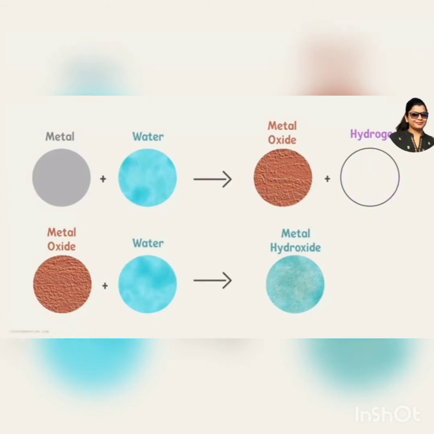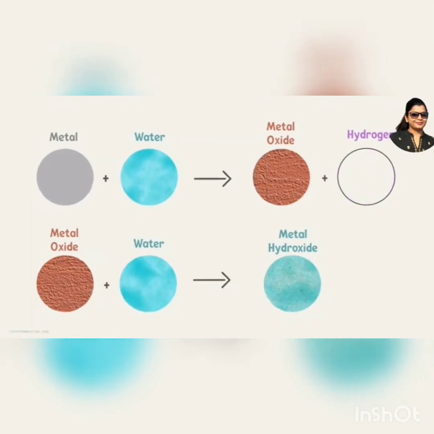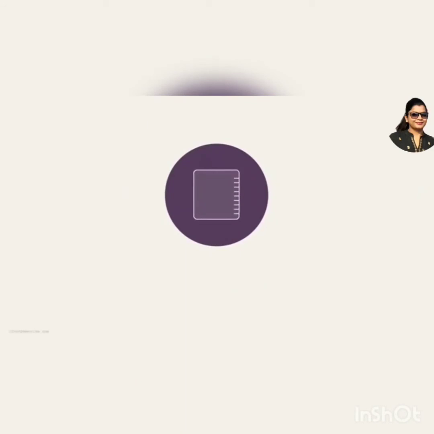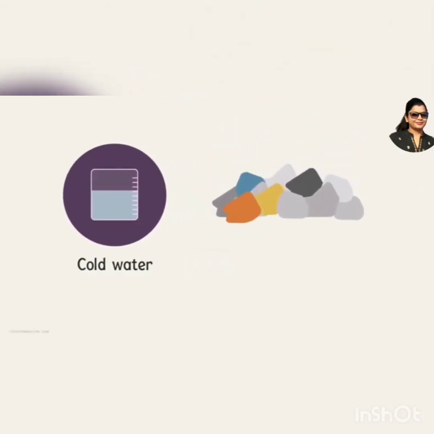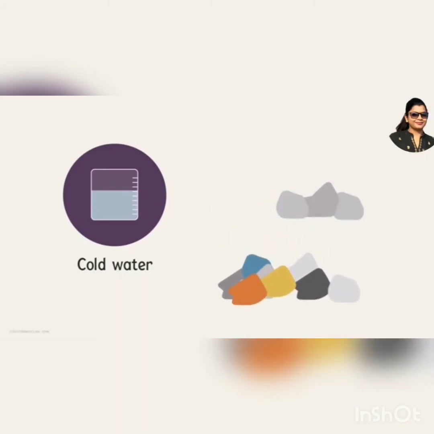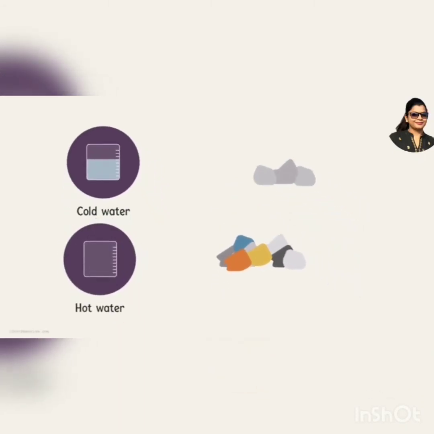So how can we judge the order of reactivity based on their reaction with water? We perform a simple task. First, we take a beaker half filled with cold water and see how the metals react with it. Some of the metals will react with cold water, but most of them won't. Out of those metals which didn't react with cold water, we add them to hot water and see how they react.